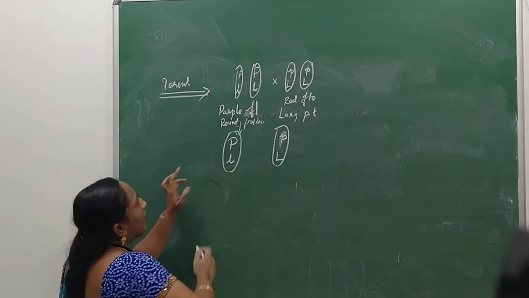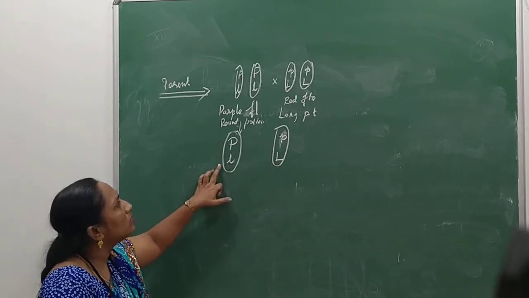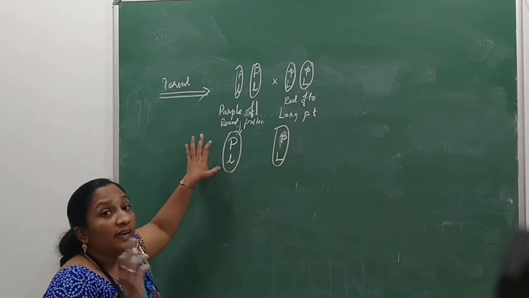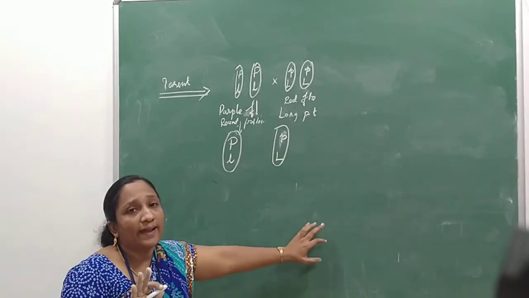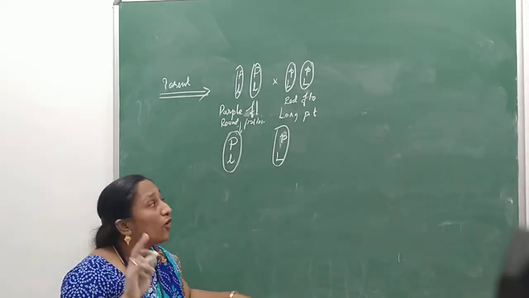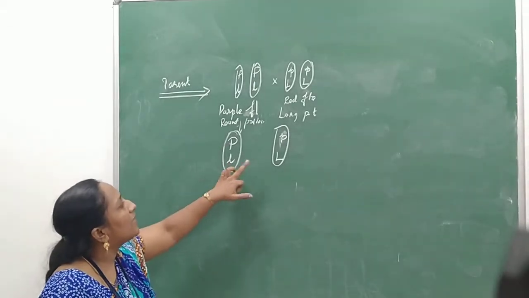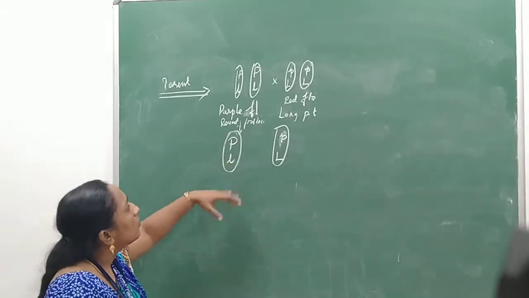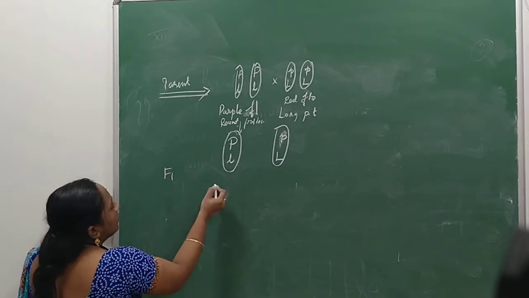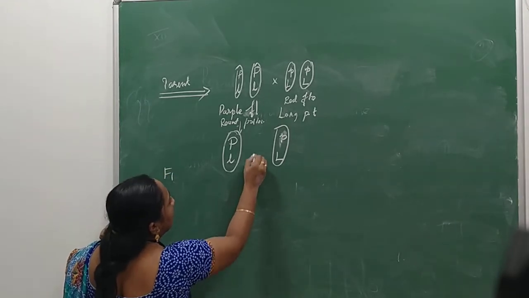Purple flower with round pollen, red flower with long pollen. This is different, what we saw in that repulsion definition: different alleles but in homologous chromosome. While we cross, the progeny of F1 generation will be the same we are getting here.